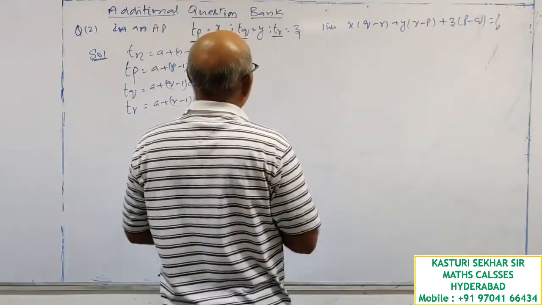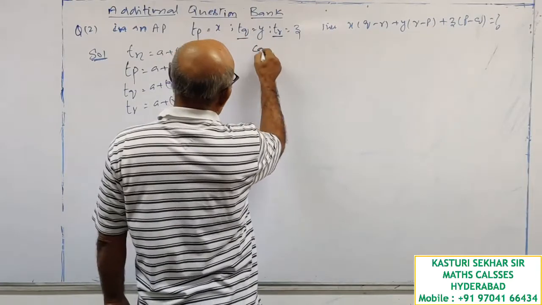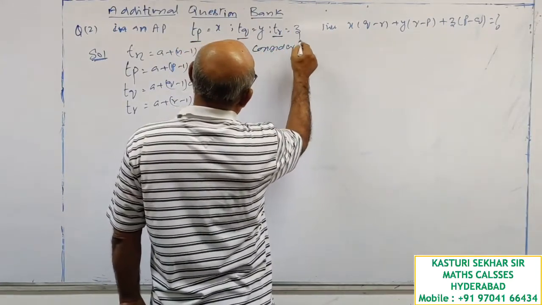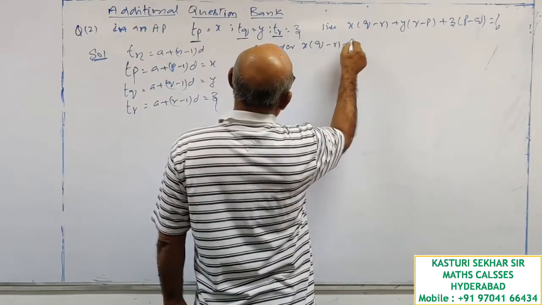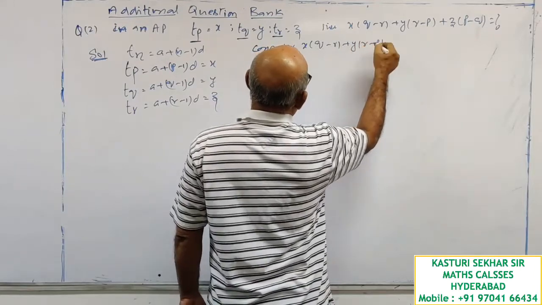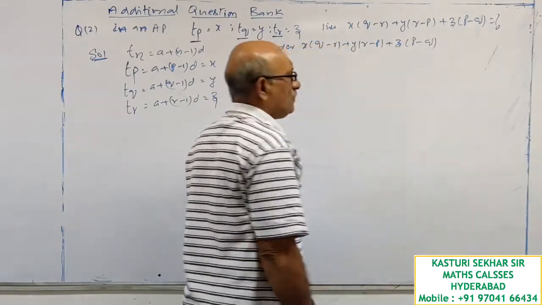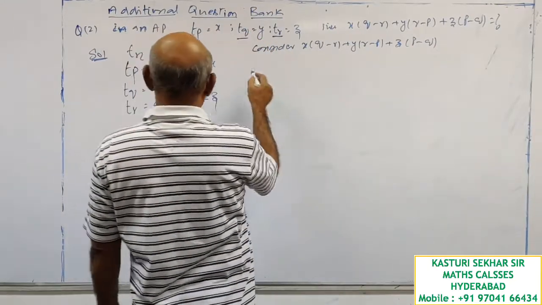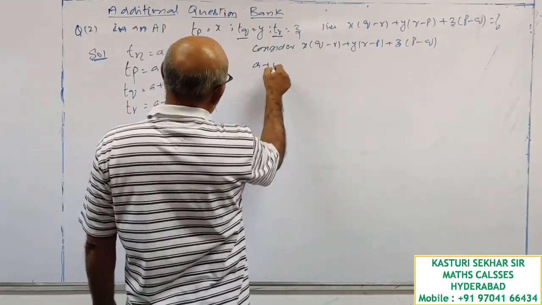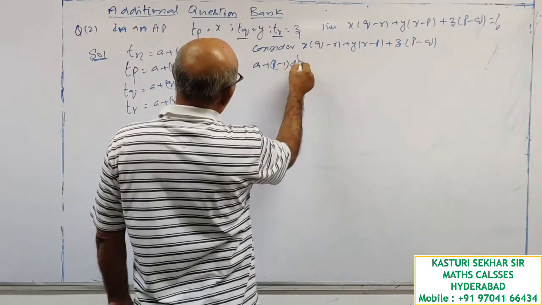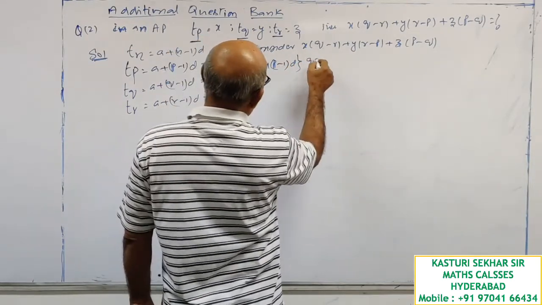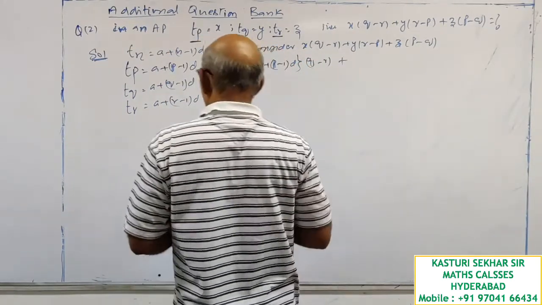Now consider the expression whose value we have to calculate: X into (Q minus R) plus Y into (R minus P) plus Z into (P minus Q). X I am replacing with (A plus (P minus 1) into D) multiplied with (Q minus R).